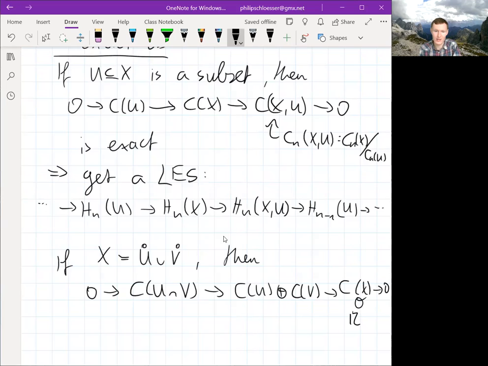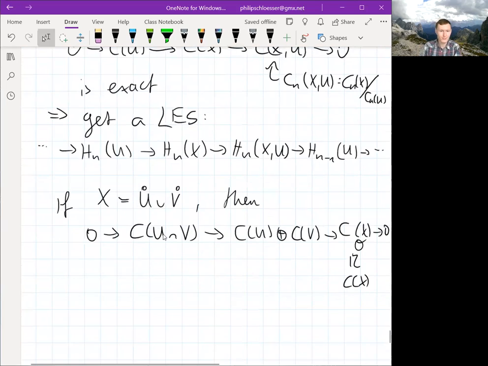But this one is actually homotopy equivalent to C(X). It is exact, meaning that we get a long exact sequence.